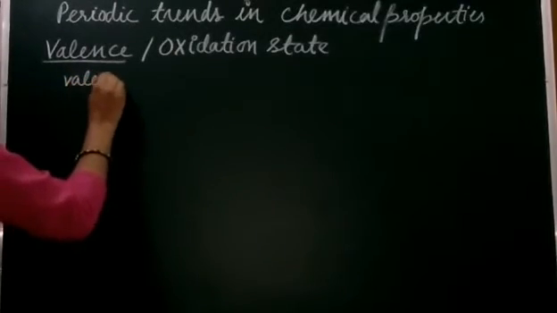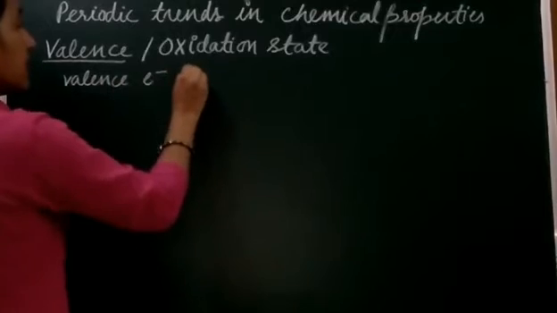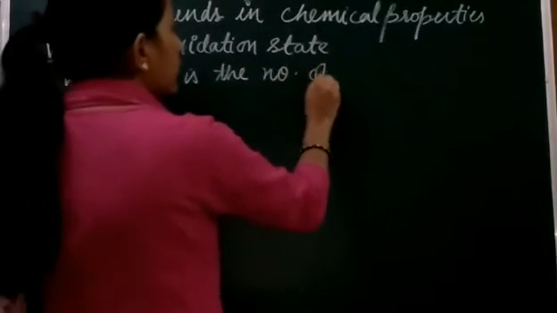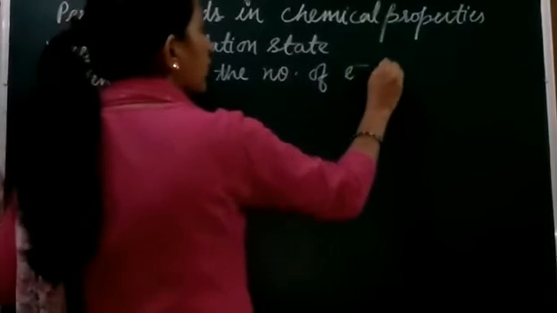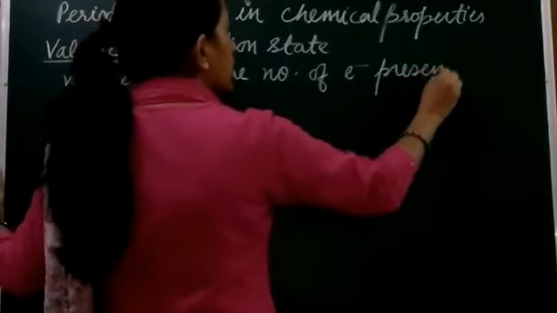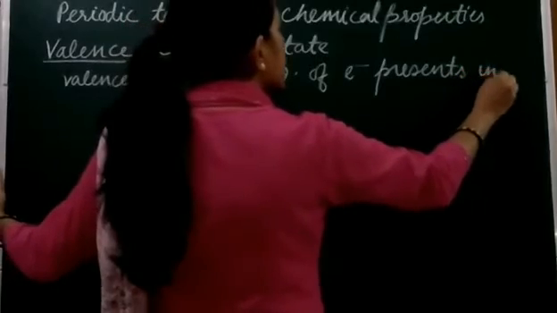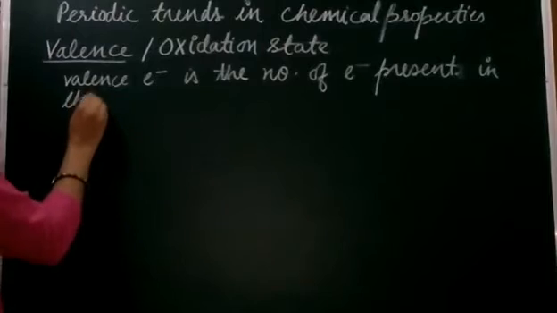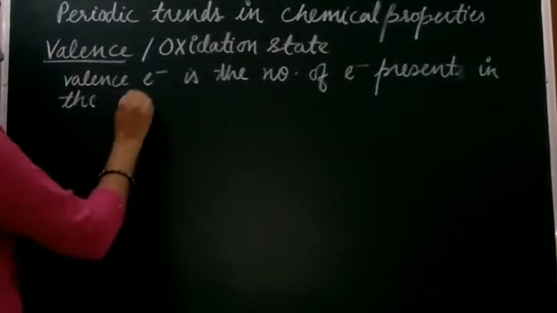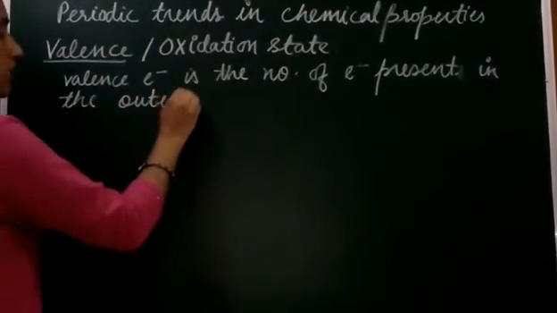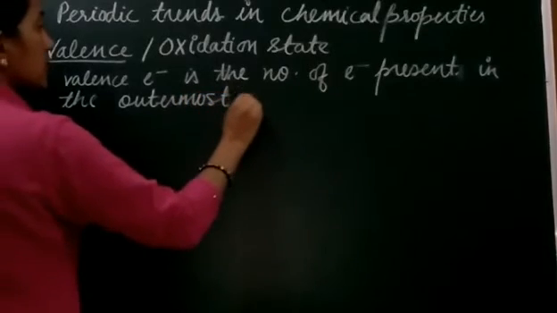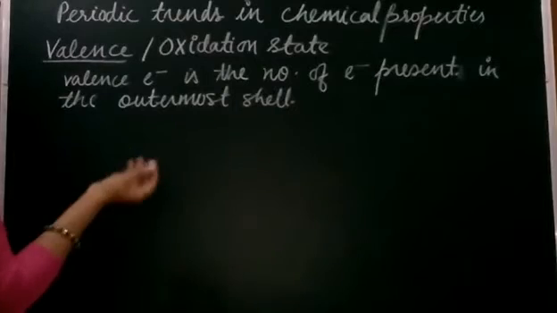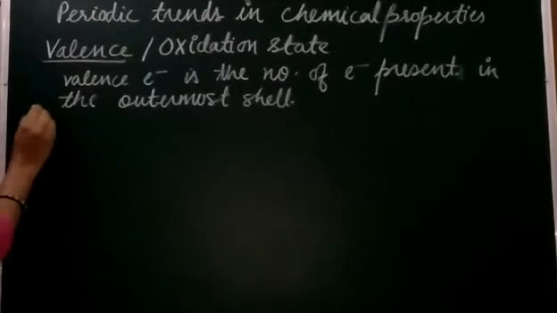So, valence electron is the number of electrons present in the valence shell, or the outermost shell.